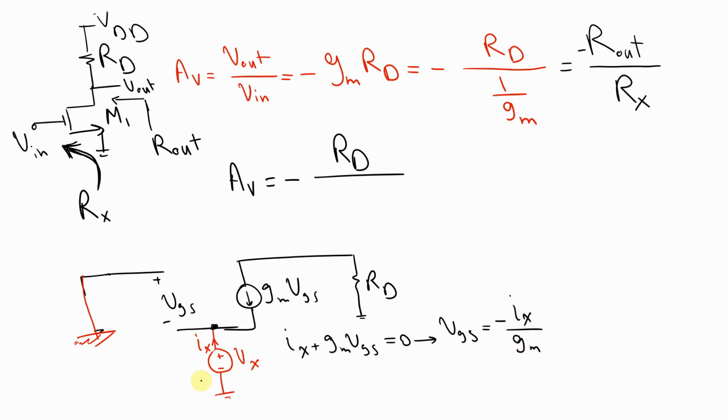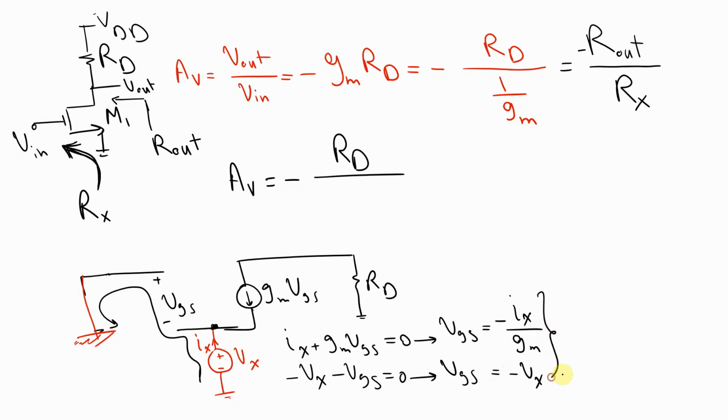Now, by using KVL in this loop, you can calculate the relationship between Vx and VGS. Starting from here, minus Vx minus VGS equals 0. So VGS equals minus Vx.